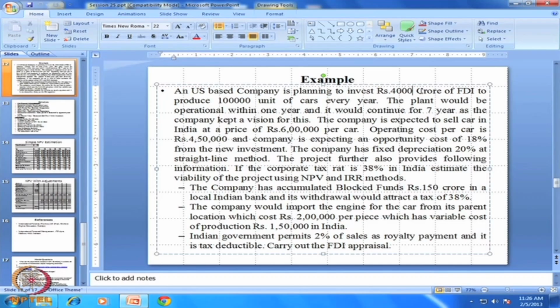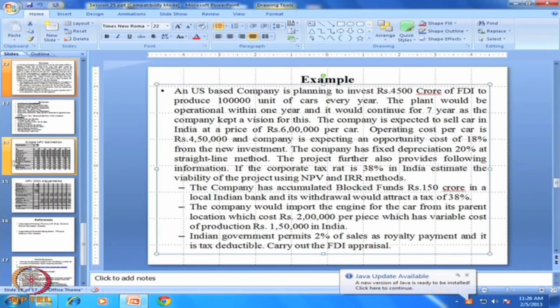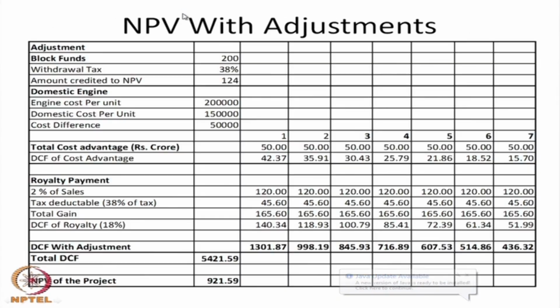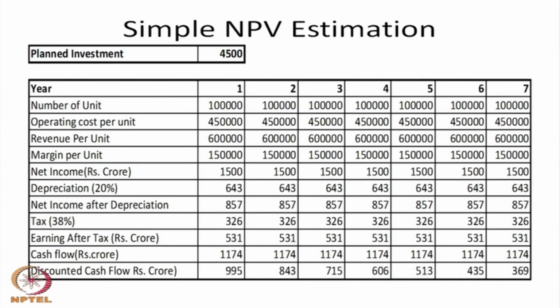Every year, the 4,500 crores is the plant investment. You can see here that at year 0, the initial starting period, 4,500 crores has been invested.